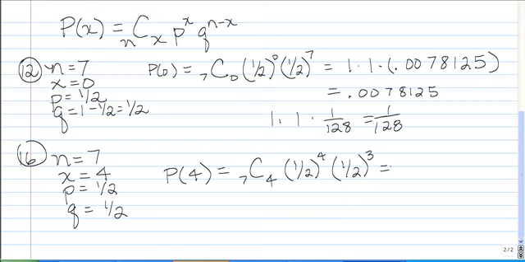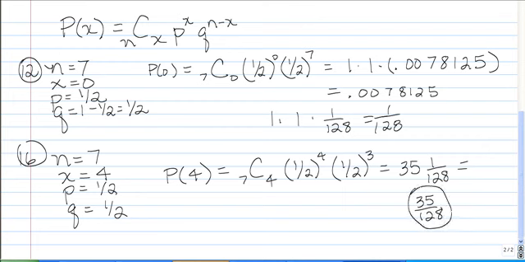So let me do my combinations here. It's going to be 35 times, and that's going to be 1/2 to the 7th, which again is 1 over 128. So we're going to get 35 over 128.